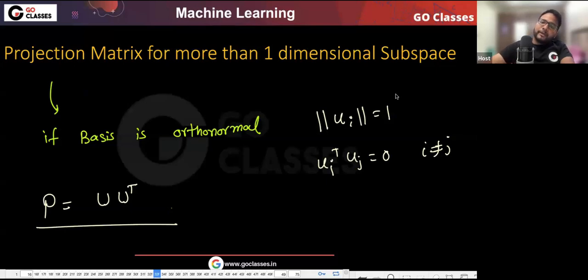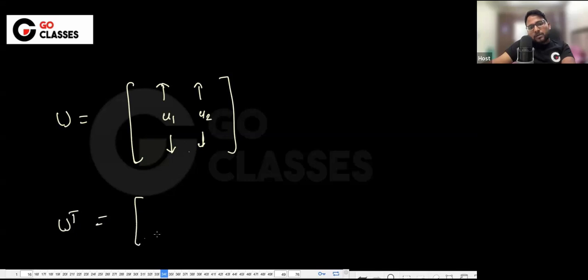By the way, tell me, is U U transpose identity? If this is orthonormal, U transpose U is always identity. So U transpose U is, let's suppose, something like this: U1, U2.